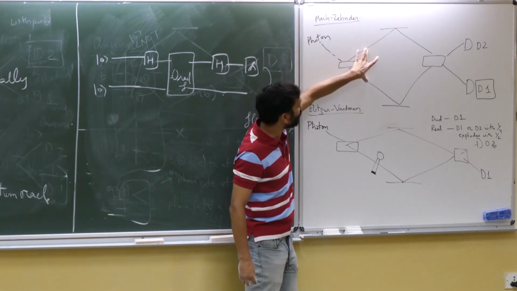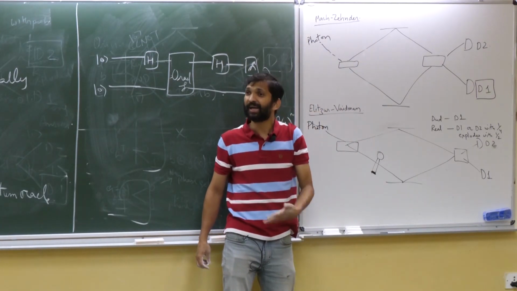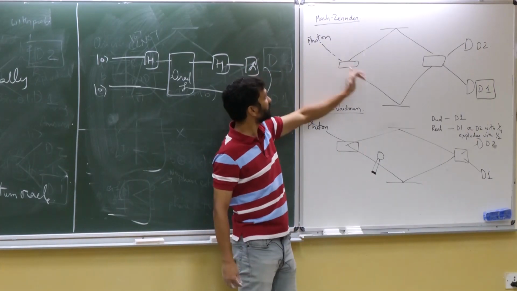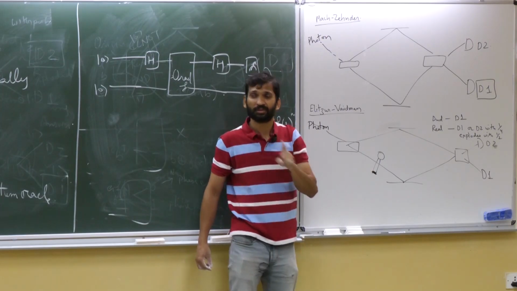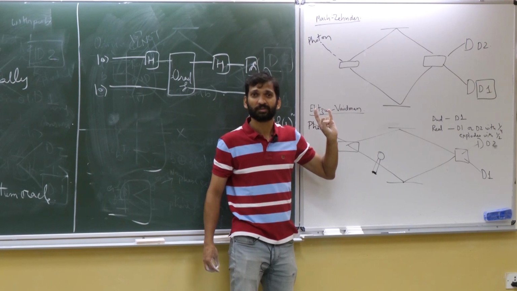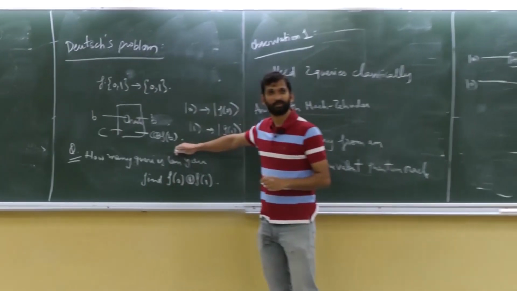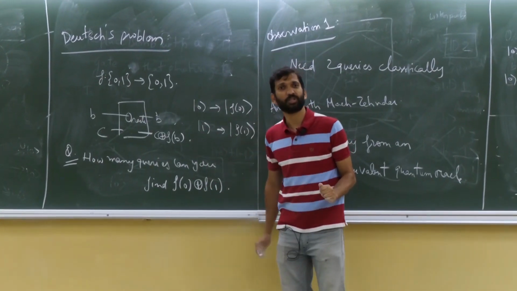So if I encode the presence of phases as 2 bits, I can calculate whether those bits are equal or not just by shooting 1 photon. That's what Mach-Zehnder is doing. And that I can convert into Deutsch's problem. That's exactly Deutsch's problem. This is the computational advantage.